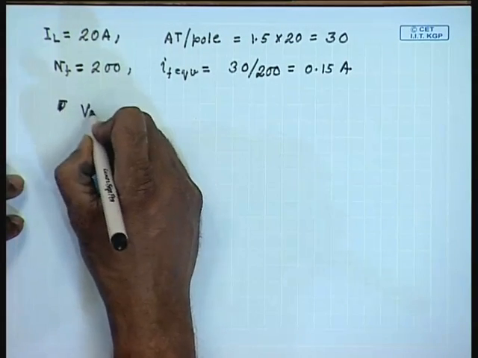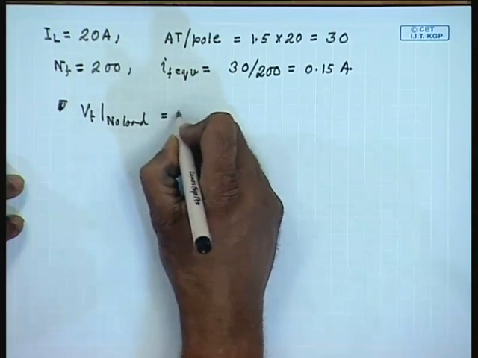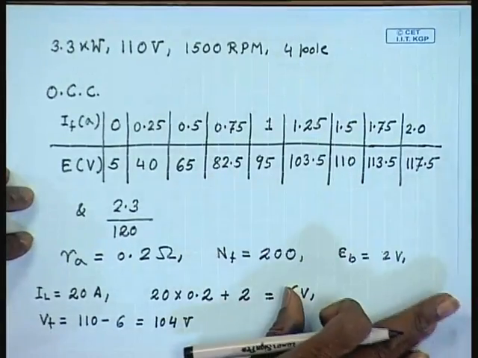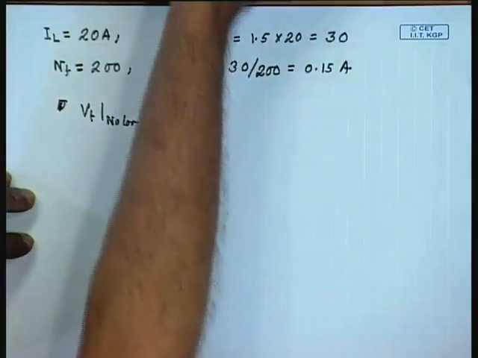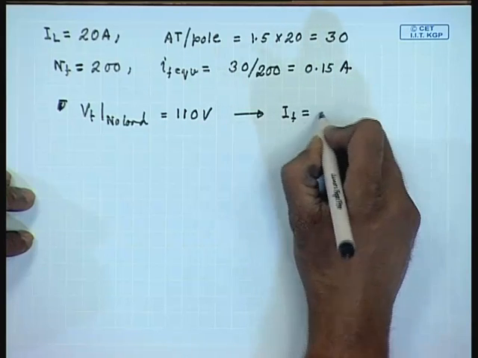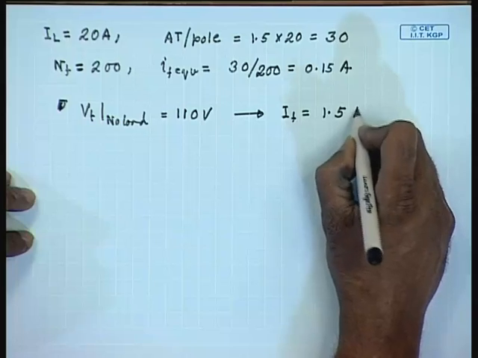Now, in order to adjust Vt at no load equal to 110 volts, we see from this table the corresponding field current should have been If equal to 1.5 amperes.